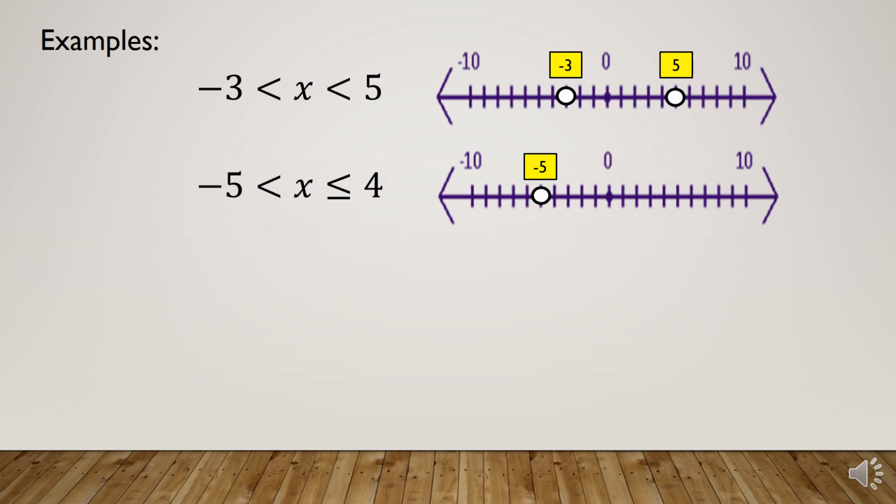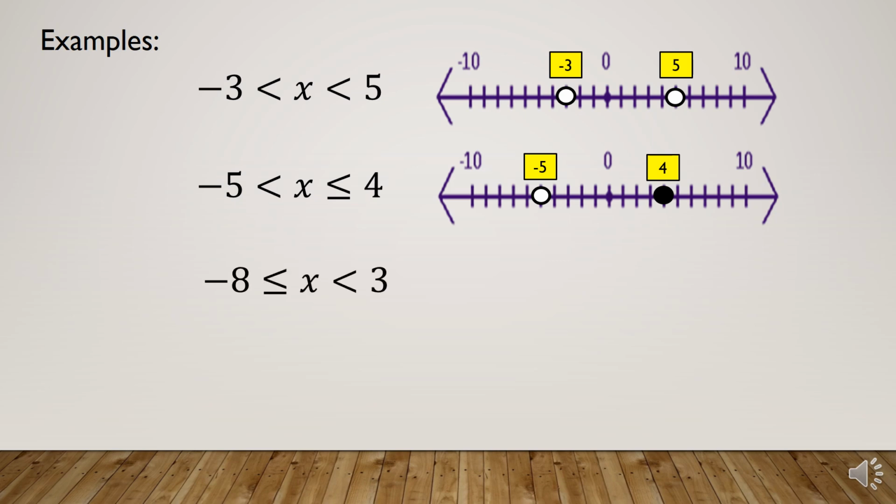And we have also 4. You have observed that the inequality is less than or equal. Therefore, we will use a closed circle. So it means that -5 is not included since it is an open circle. +4 is included because it is a closed circle.